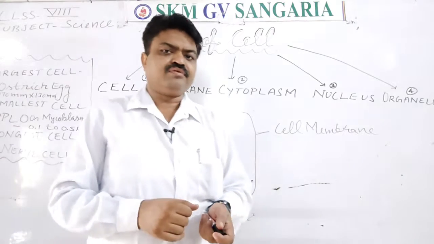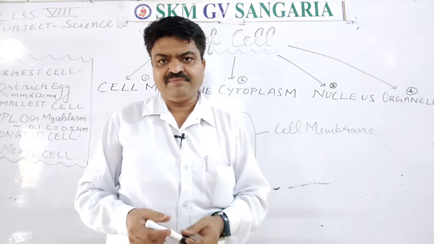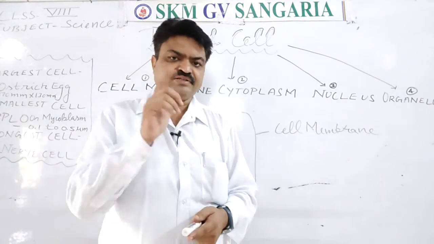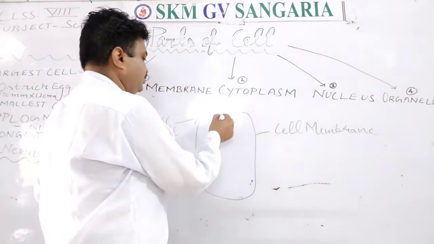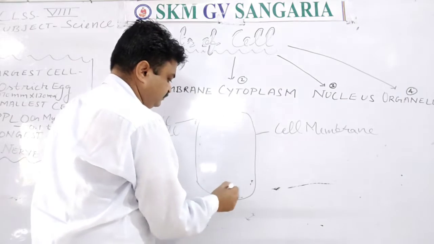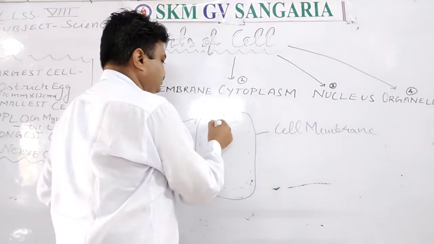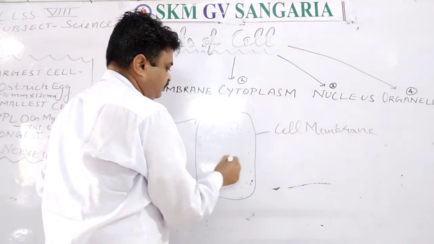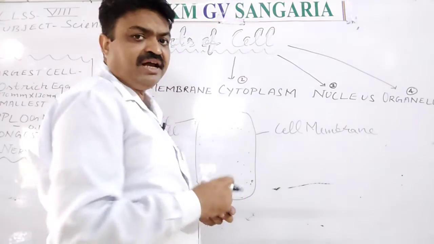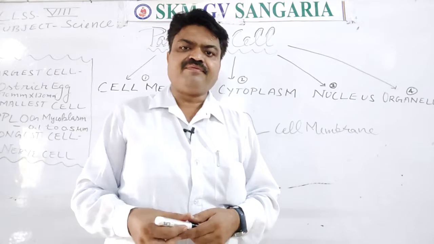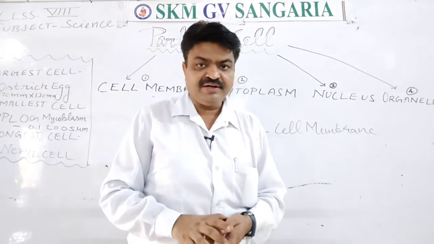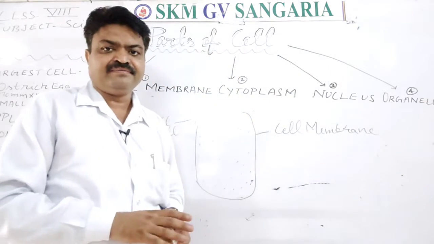Now we come to the next important part that is found inside the cell. It is the cytoplasm, students. This cytoplasm is a jelly-like fluid, students. And what is the main component found in this jelly-like fluid?